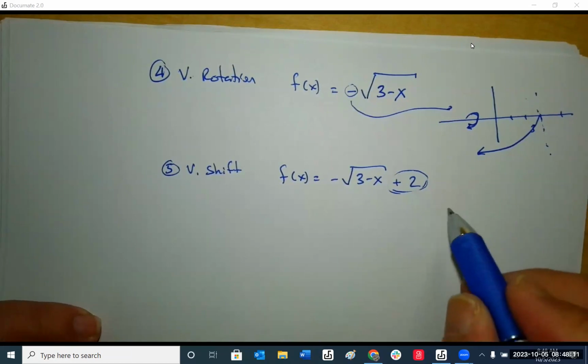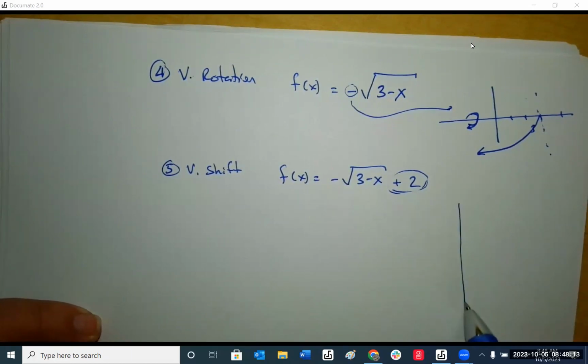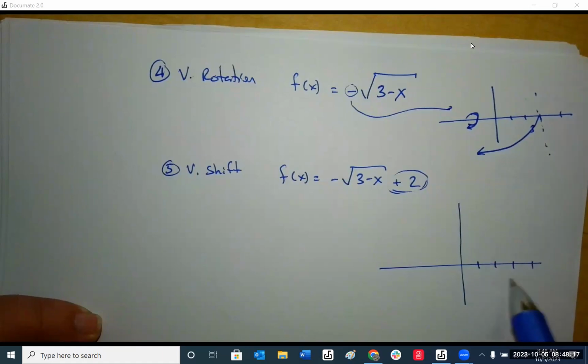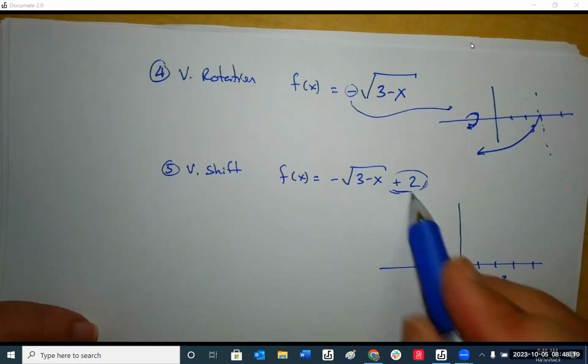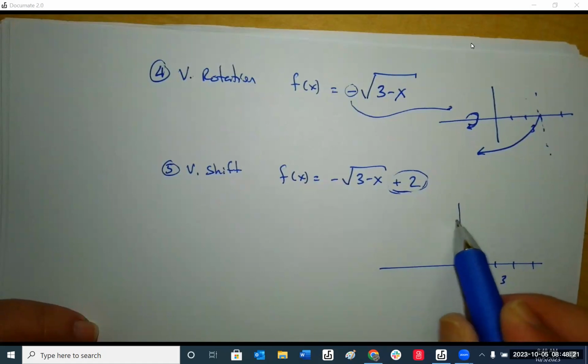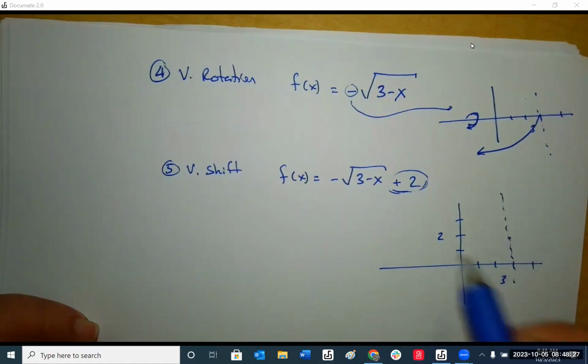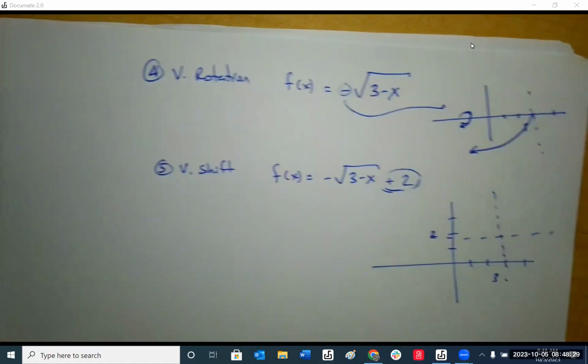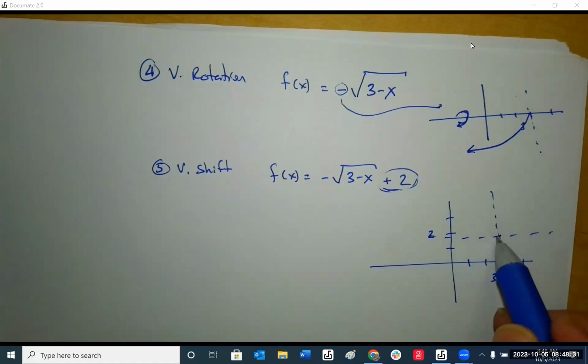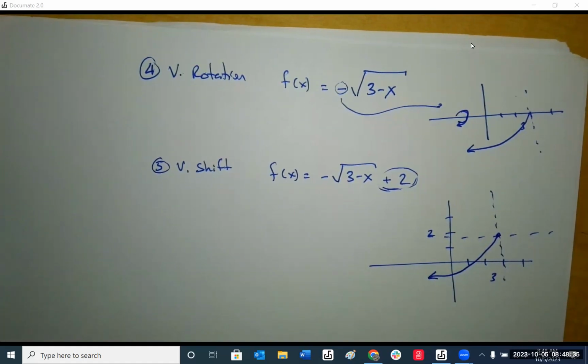It's going up 2. So we shifted to the right 3 spaces. Now we're going up 2. So 3, 2. This is where my new origin is. My graph looks the same from there, from the previous step. And there's your answer.